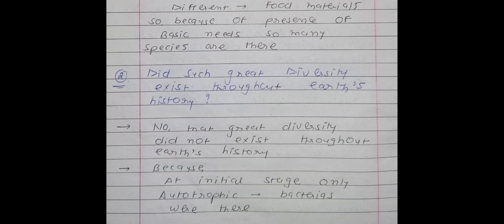No, the answer will be no, that great diversity did not exist throughout Earth's history, because at the initial stage of the Earth's formation only autotrophic organisms were there.